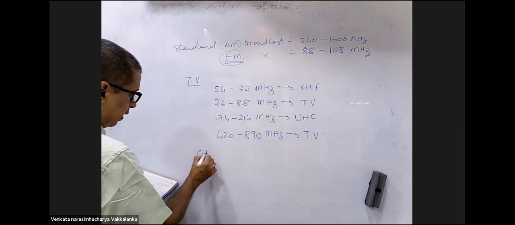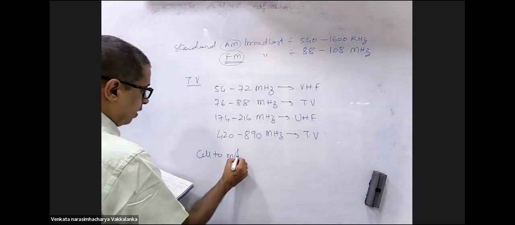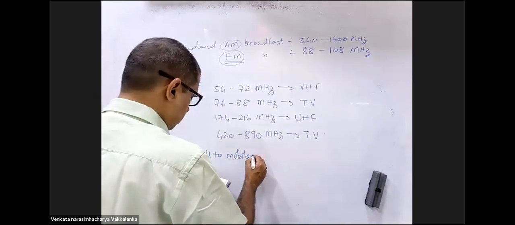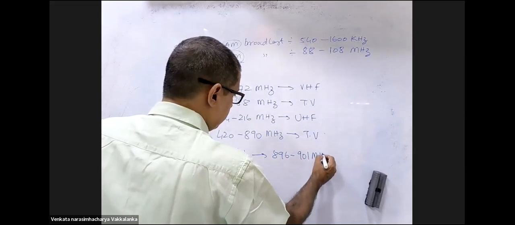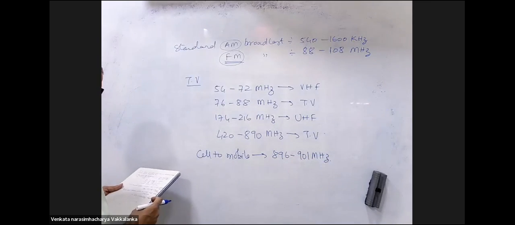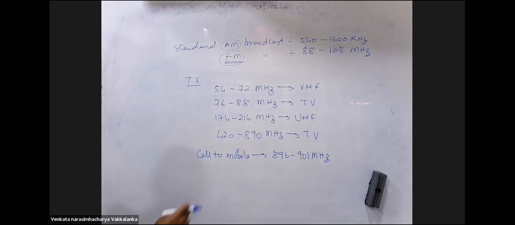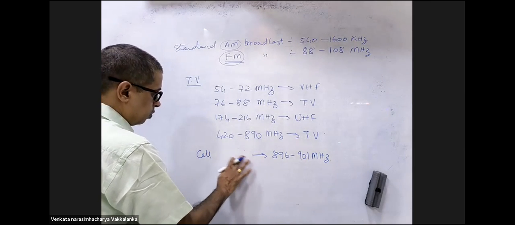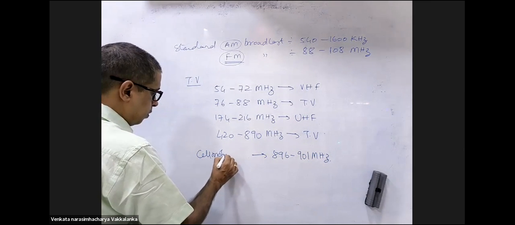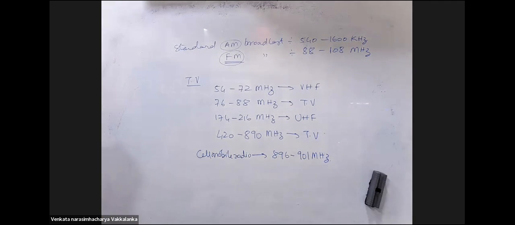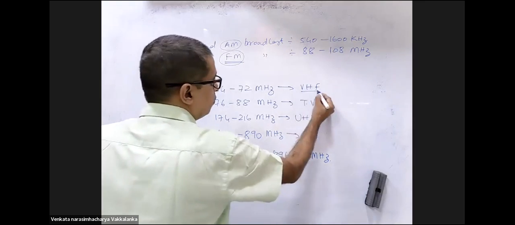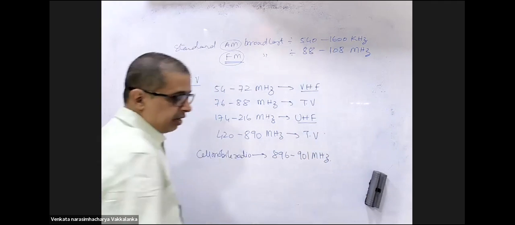Cell mobile radio: 896 to 901 megahertz. Sir, what is VHF? Very high frequency, ultra high frequency.